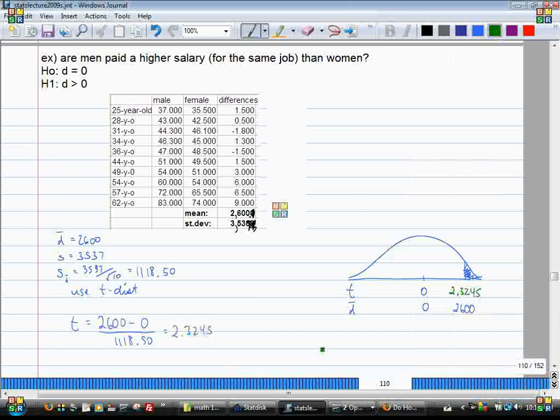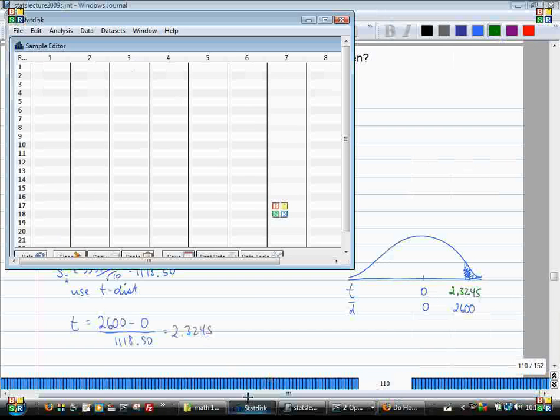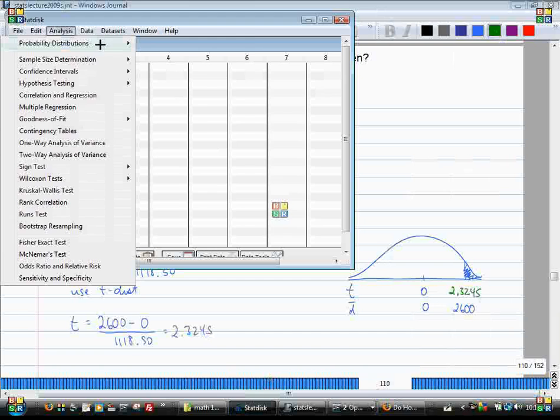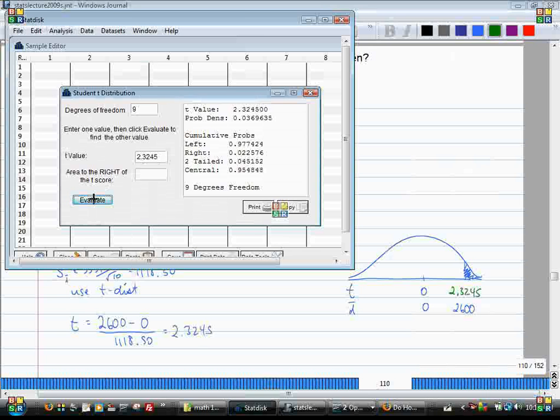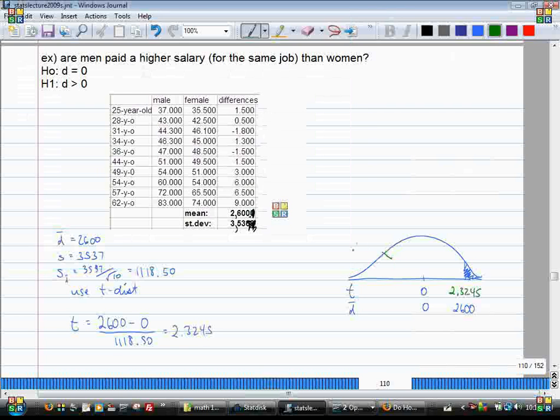And now what do we find? Using stat disk. Okay. T distribution and degrees of freedom is 9 and our T value was 2.3245. And we get, there you go.